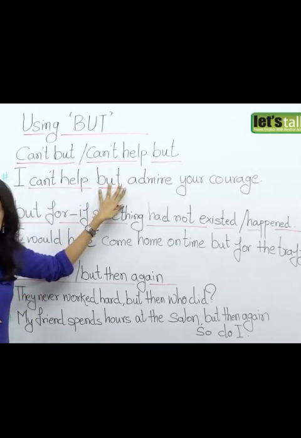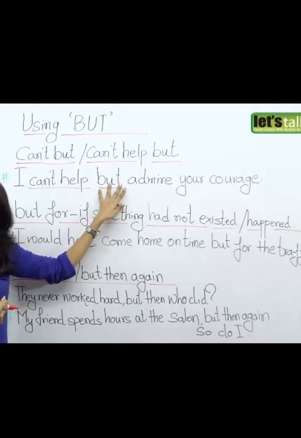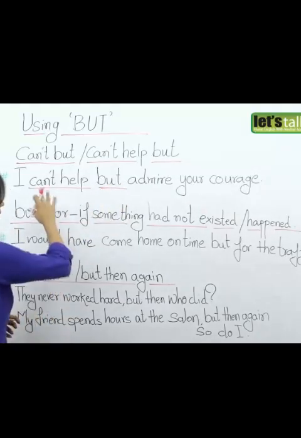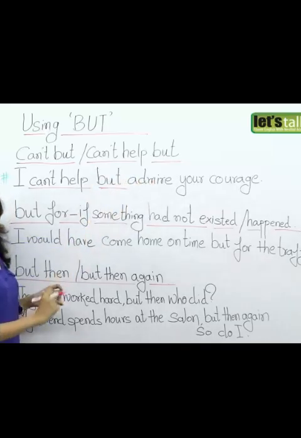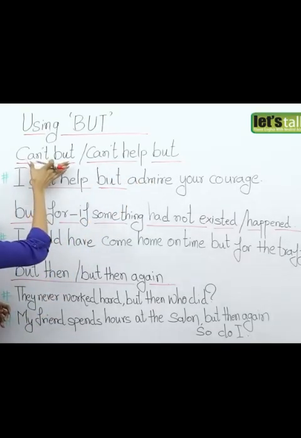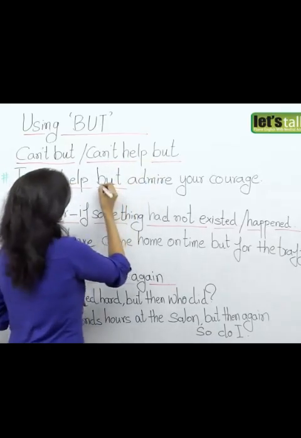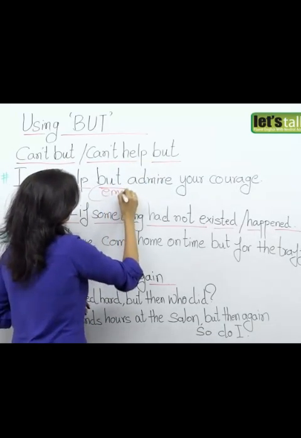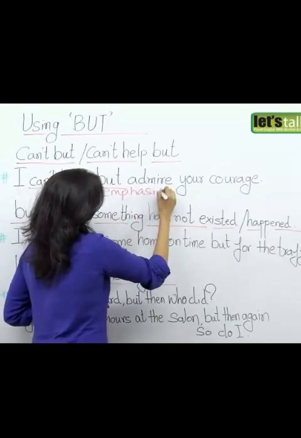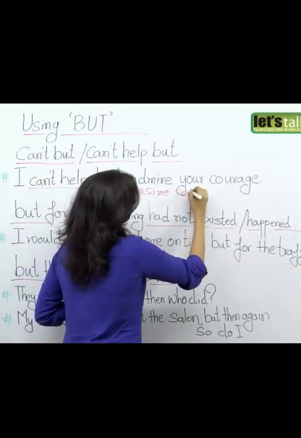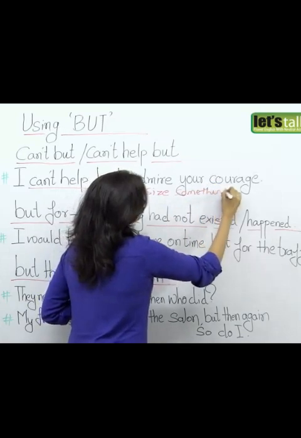There is nothing else to do at that moment. You're in deep pain, so you say, I can't help but cry in pain. Alright? So either you can say can't but or can't help but. It is used to emphasize something that is true.